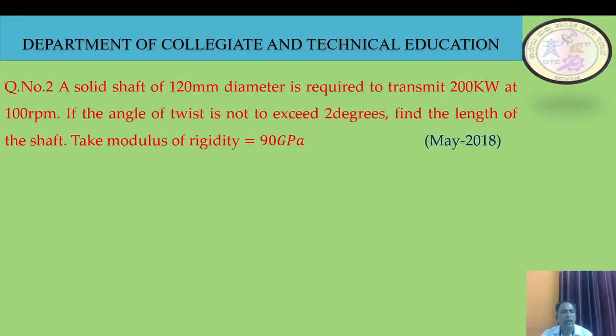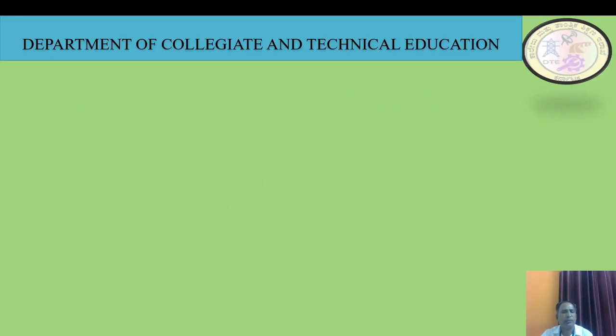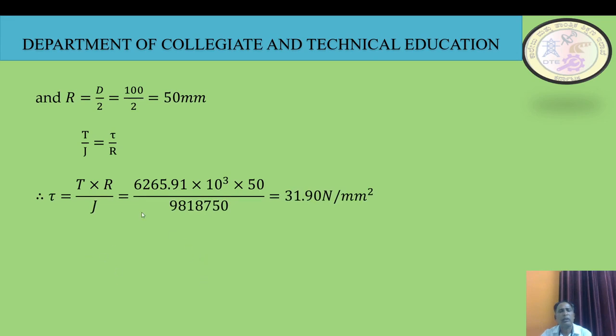We can calculate the angle of twist also here. After calculating the shear stress, we can use tau divided by R is equal to C theta by L. From this equation we can calculate theta.